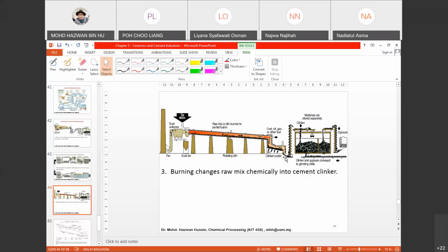After that, it will form a clinker. The mixture will later form bigger particles, like marble size, that we call clinkers. These clinkers will go into a mixing container where gypsum will be added later on.